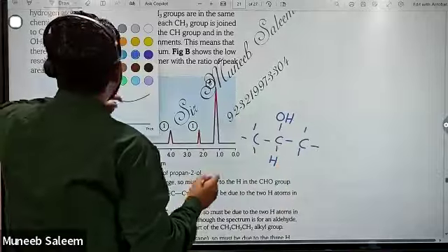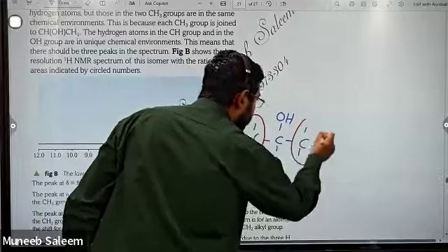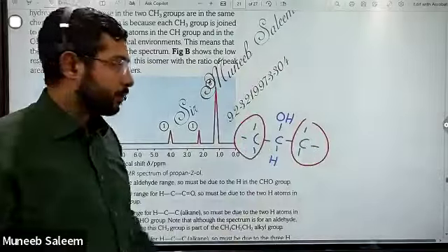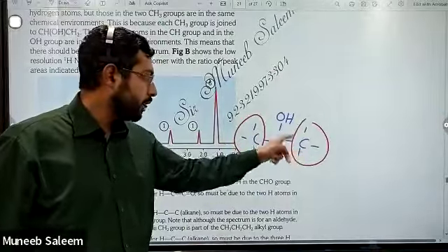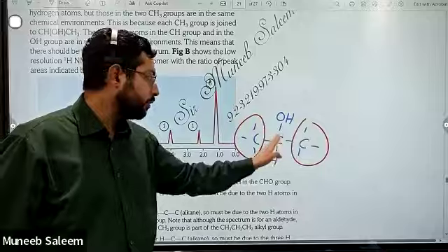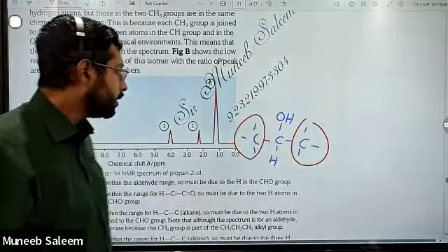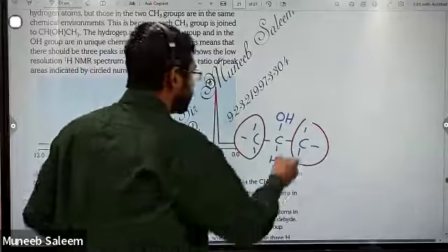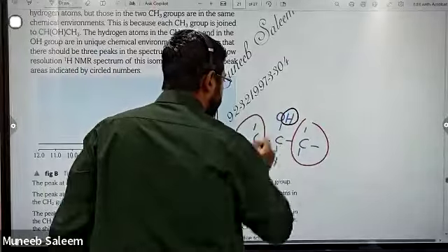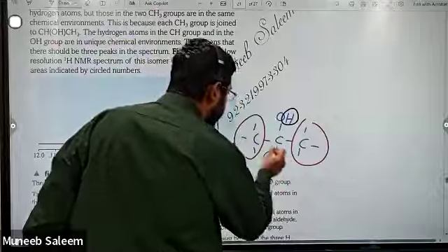In total, we have 1 chemical environment for all of these 6 hydrogen atoms, because you can see that this CH3 is bonded with the CH and OH and CH3, and this CH3 is present in the same way with CH, OH, and CH3. That's why these 6 hydrogen atoms are considered part of 1 chemical environment, and this hydrogen atom is in a different environment, and this hydrogen atom is in a different environment.